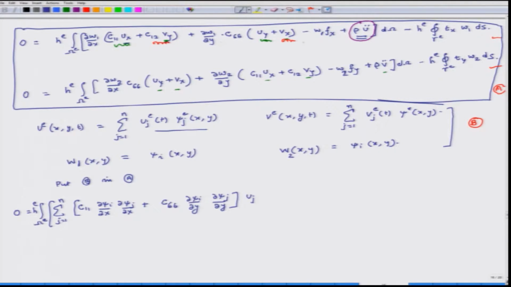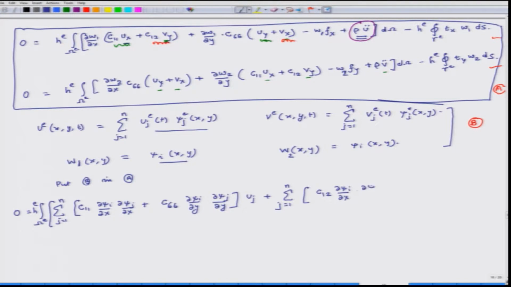Next, I will collect all the terms underlined in red. So, I get plus summation j equal to 1 to n. First is del W1 over del x times C12 times Vy. So, del W1 over del x gives me C12 del psi I over del x times Vy, and V is Vj times psi j.